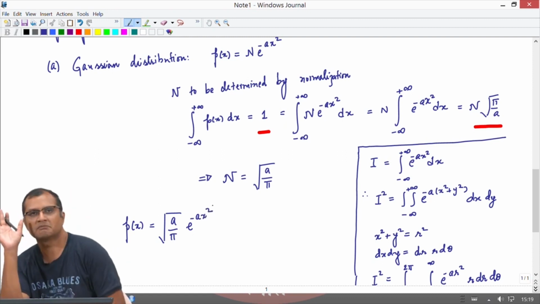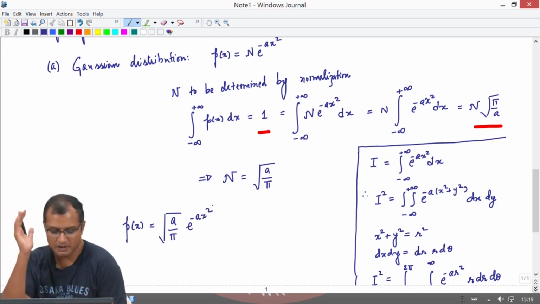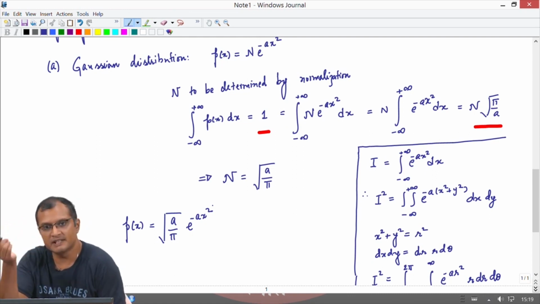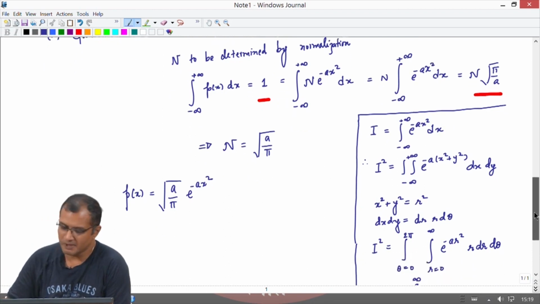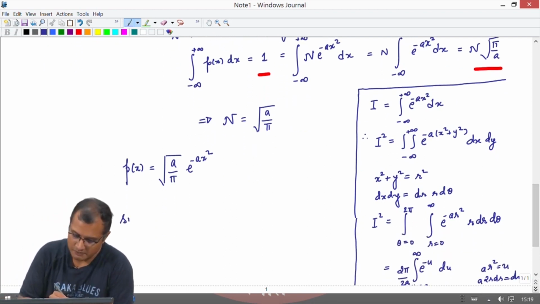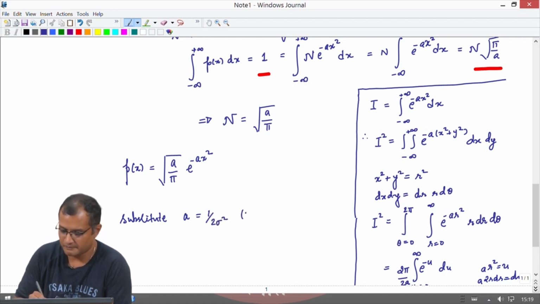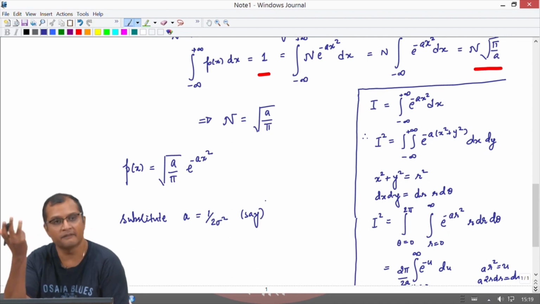I am just going to make it more consistent with the literature, so I am going to make a substitution here. Without any loss of generality, substitute this a as 1 upon 2 sigma square. a is anyway a variable.